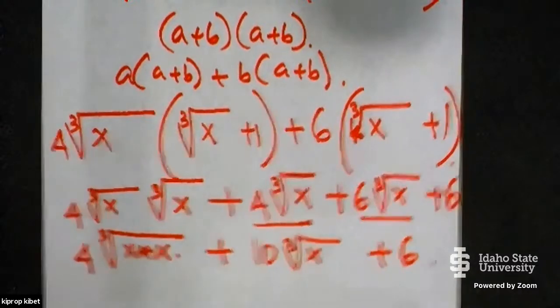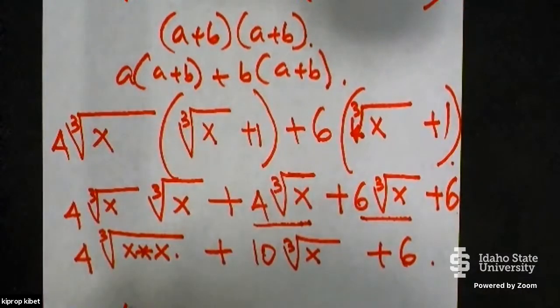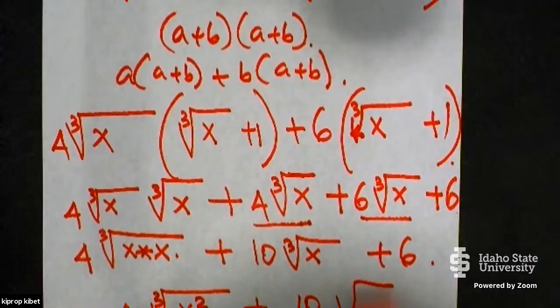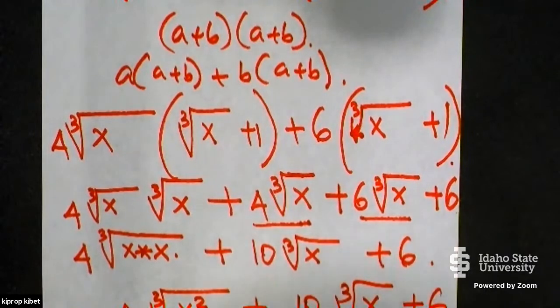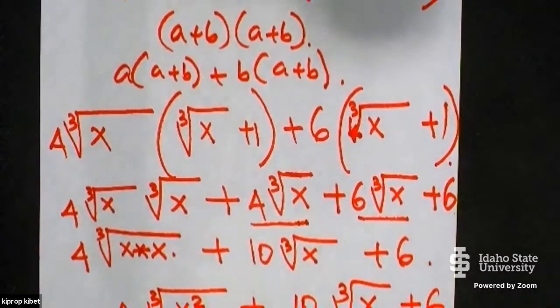Now, finally, this is equal to 4 the cube root of x squared plus 10 the cube root of x plus 6. So that's how we simplify that.